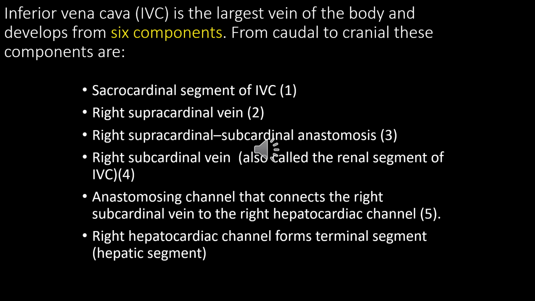One is called the right hepatocardiac channel, and that itself will form the hepatic segment. We will see a diagram in the next slide to verify these 6 components which give origin to the inferior vena cava.